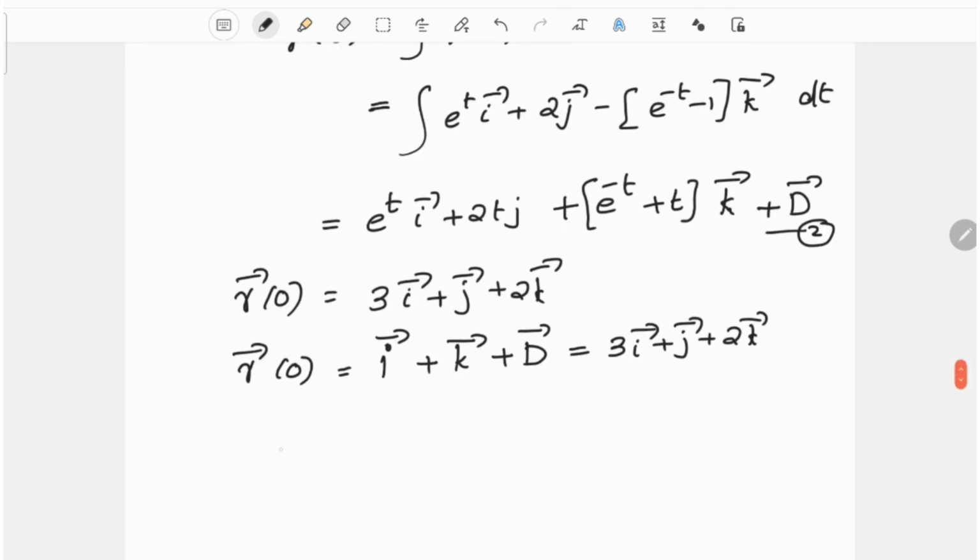Therefore vector d is equal to 2i + j + k.